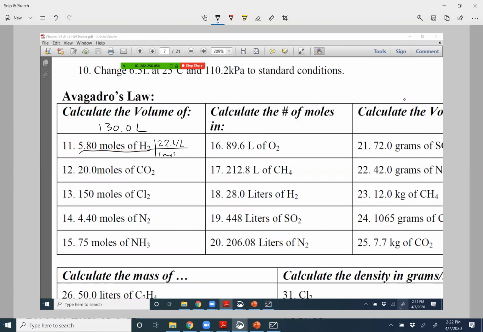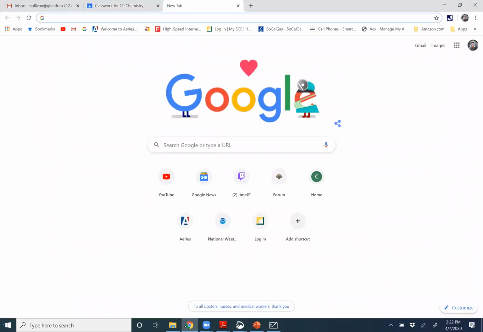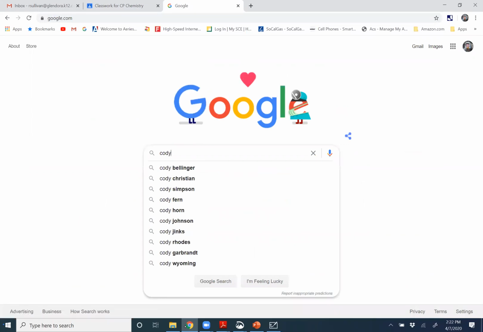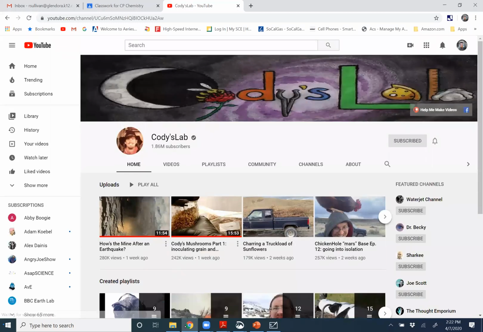But what's cool about Avogadro's finding is that it doesn't matter what gas it is, they would all be 130 liters. We would know they were different because they would have different masses. And there's a really cool video by one of my YouTubers I like, Cody's Lab, where he has different balloons filled up with different gases.